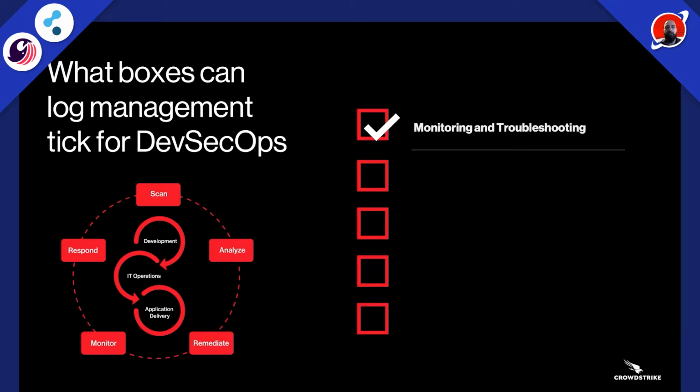So firstly, let's talk about monitoring and troubleshooting. The most common and core log management use case is software application and infrastructure troubleshooting. So this is one of the most popular historically. And log events go hand in hand with application monitoring and server monitoring. Developers, DevOps, sysadmins, and SecOps utilize both metrics and logs. So they're alerted about application and infrastructure performance and health issues, but also to find the root cause of those issues.